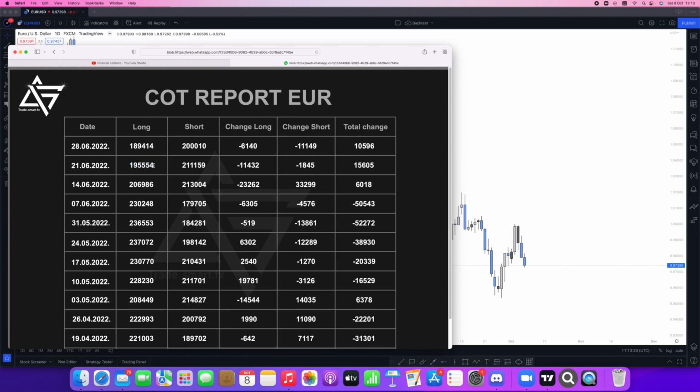If you see only 2-3K changed, nothing more, nothing less, that's nothing. But when you see an extreme, massive change, those are the times you want to take advantage of. For example, they close 50K longs and add 50K in shorts. You see that something is happening, and that is going to reflect on the charts, certainly.